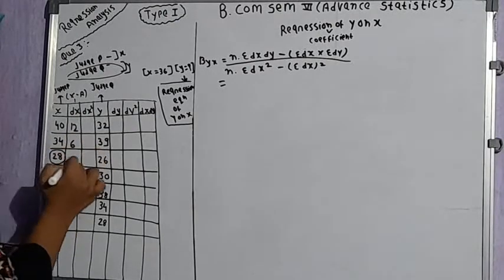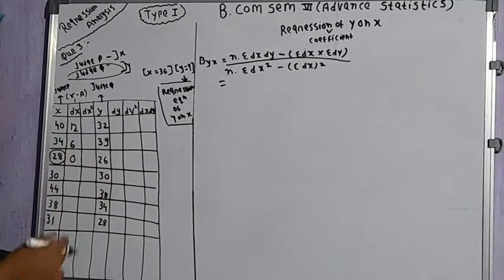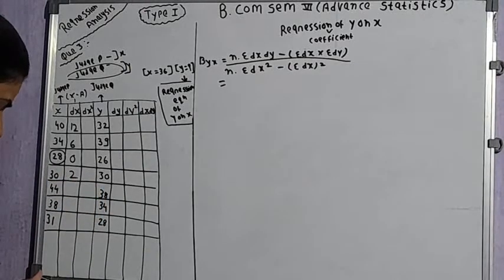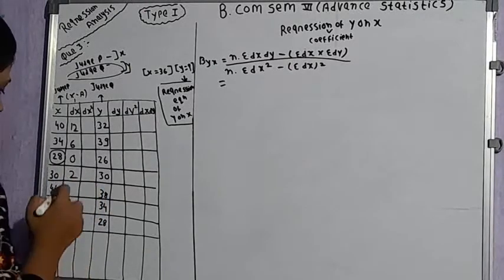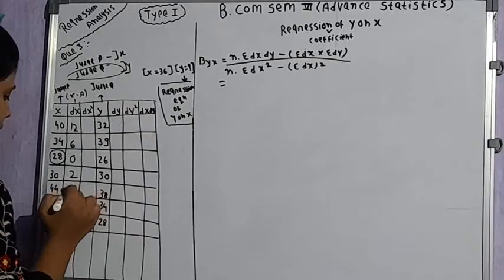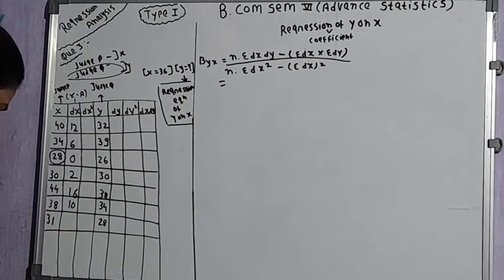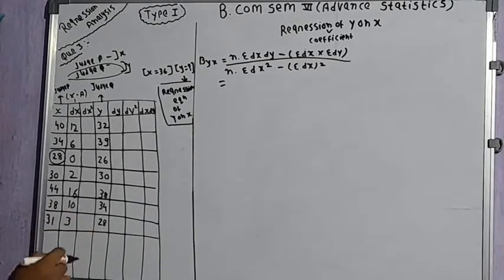After that 28 minus 28, 0. 30 minus 28, 2. Then 44 minus 28, 16. 38 minus 28, 10. 31 minus 28, 3. Okay. So this way we have calculated the values to be put under the dx column.